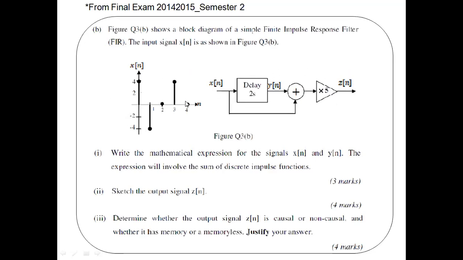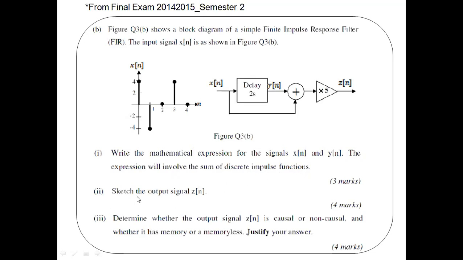And also the x[n] signal. What you have to do is, number one, write the expression for x[n] and y[n]. The expression basically involves the sum of discrete impulse functions. This is the hint: the expression for both x[n] and y[n] shall be in terms of discrete impulse functions.